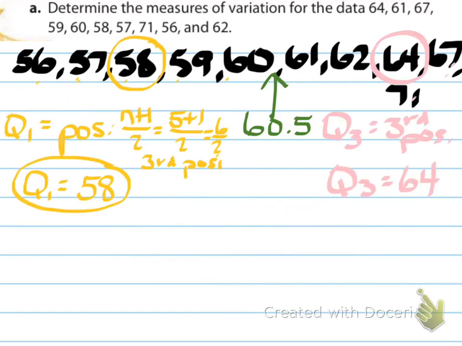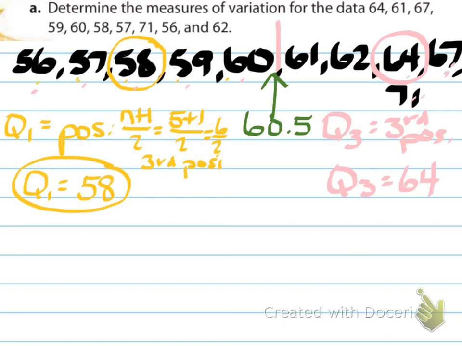For our quartile 1, I did my n plus 1 divided by 2. My median is in the center of these two, so the positions I have are 1, 2, 3, 4, 5. So I add 1 to that, divide by 2, and I get the third position. So my first quartile is 58. And then I do my quartile 3, which is again the third position, this time from the end.